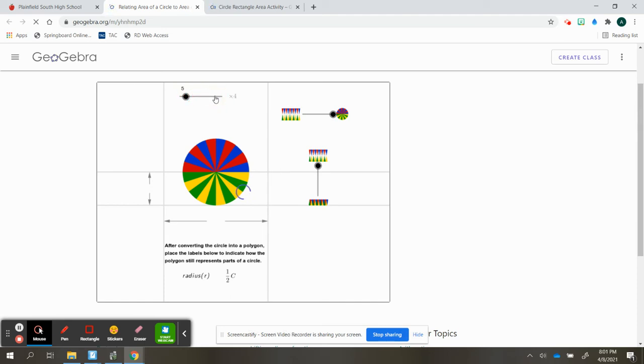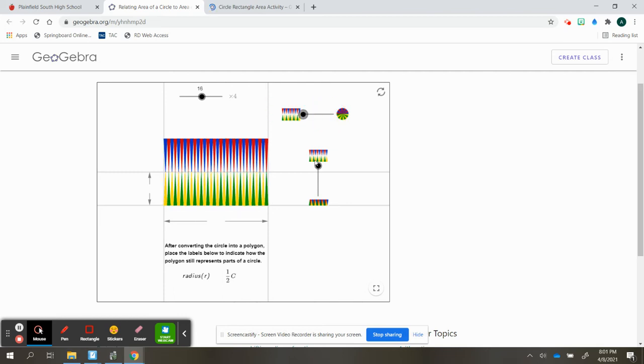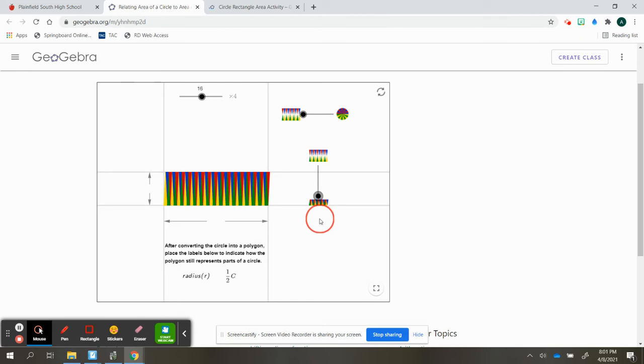And something that we can do here is take these pieces and translate them so that we can make it in the shape of a parallelogram, or a rectangle for that matter. Depending on the number of slices, it looks either like a parallelogram or like a rectangle, depending on how much we cut it.